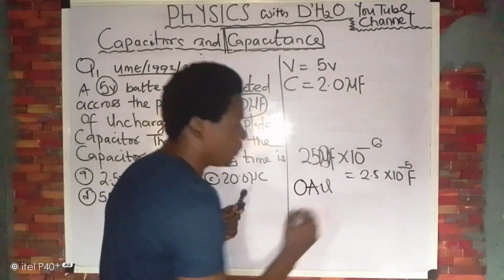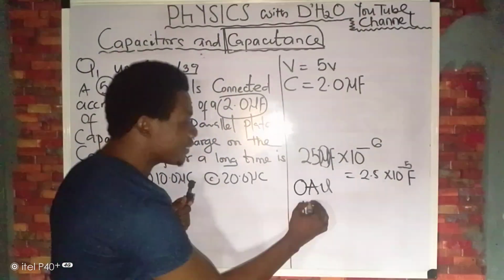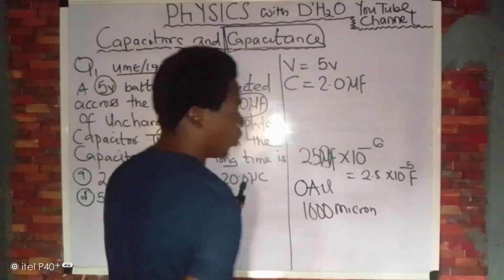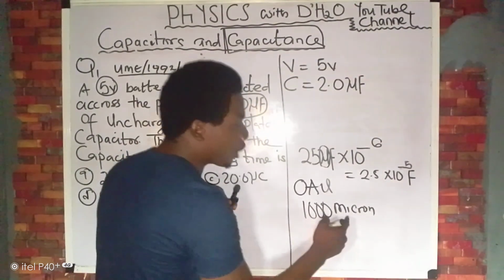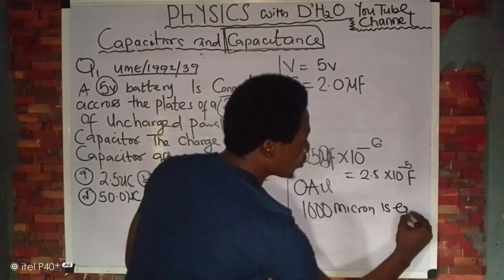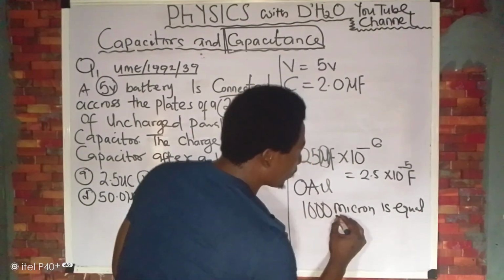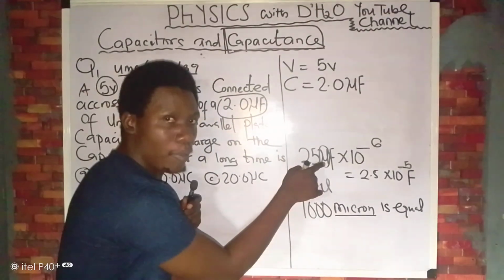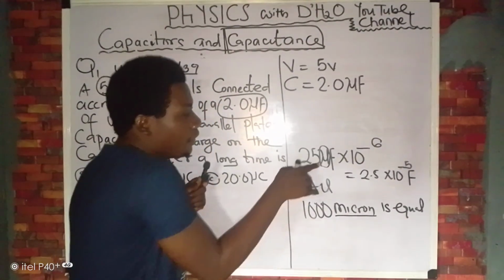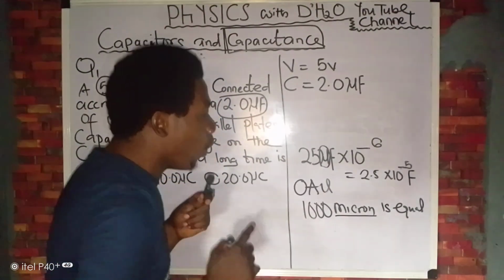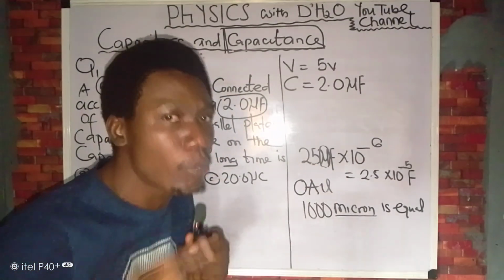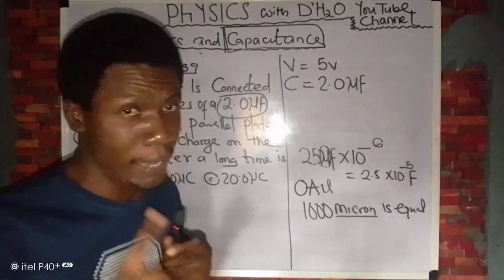Okay, now I saw a question in OAU Post UTME past questions. They said 1000 micro is equivalent to what? Whenever you hear the word micro, it signifies this symbol. Are we together? Yes. Now, to move from micro, you must always multiply by 10 raised to the power of minus 6.